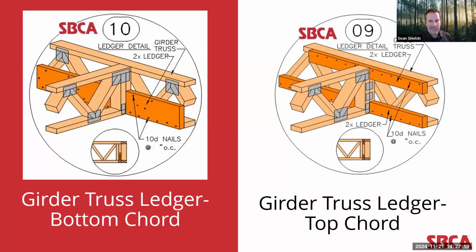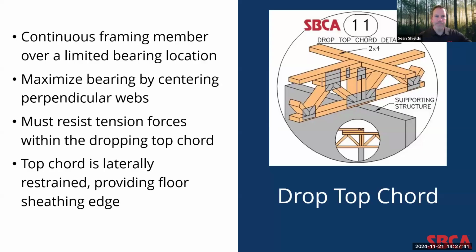This too places a limit on the span lengths of the individual floor trusses. So again, this isn't typically going to be done if there are large spans between bearing locations, but for shorter applications, this sort of ledger tie-in to a girder truss is possible.